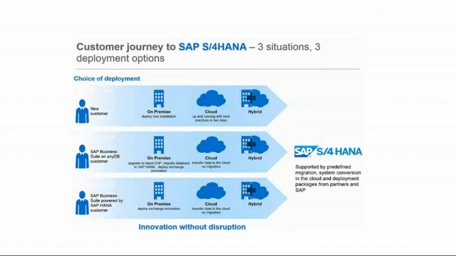That is hybrid approach. If you are a new customer, you can go on premises and deploy a new installation. Or you can directly go and use the cloud also. Either way you can use it. If you are a new customer in the cloud, we have two things: a public cloud and a private cloud. Private cloud is where a specific space is allotted for you, and you will be the owner of it.